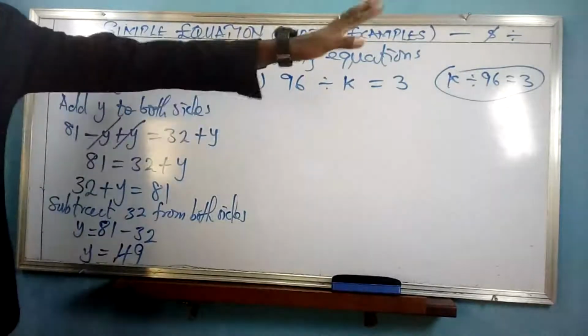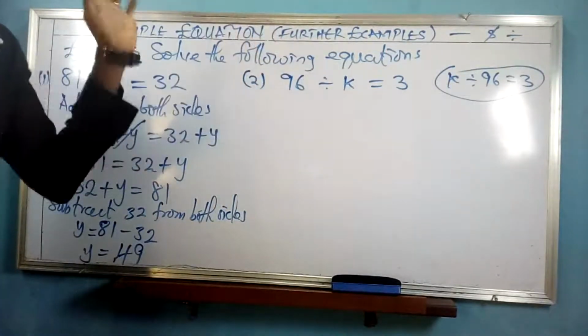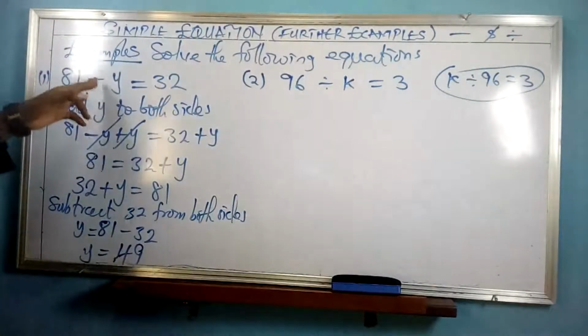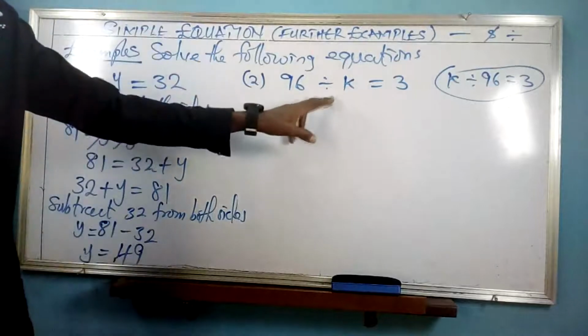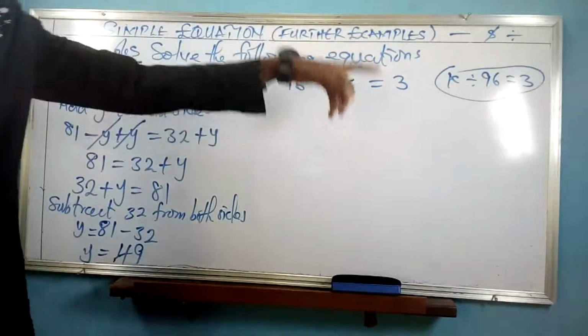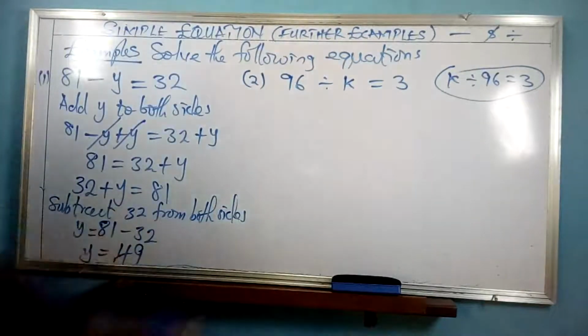You take them to the other side first, by the balancing method, to make it multiply, to make it carry the multiplication sign. Do we get that?